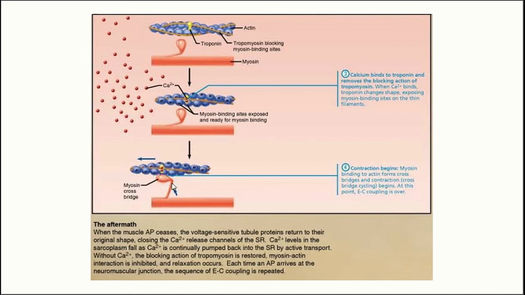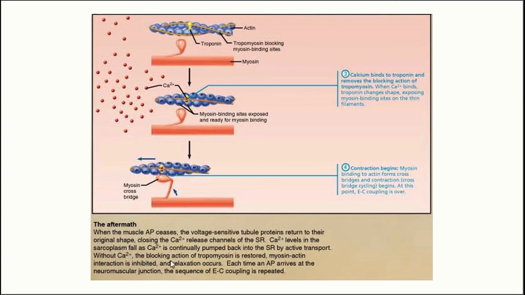This is where we start to see muscle contraction taking place. But when the muscle is relaxed, myosin cannot bind to actin because tropomyosin is in the way. When calcium is present, that calcium helps to change the shape of troponin, which moves tropomyosin, so that myosin can bind to actin and pull on the thin myofilament, which is going to cause our sarcomere to shorten.